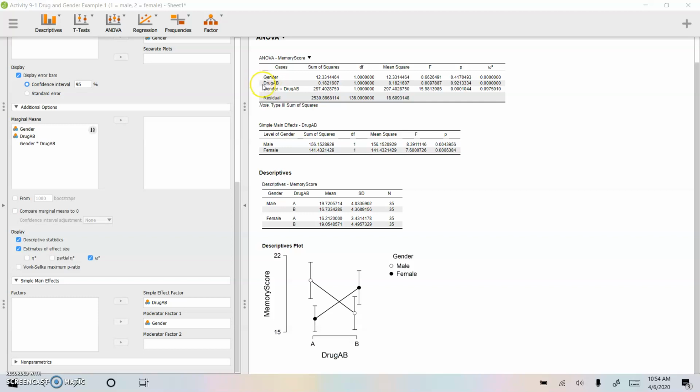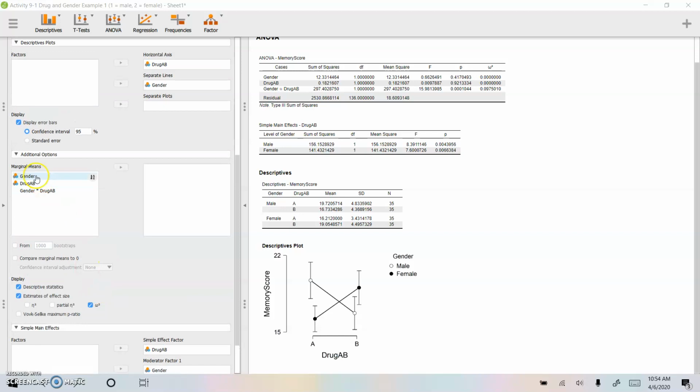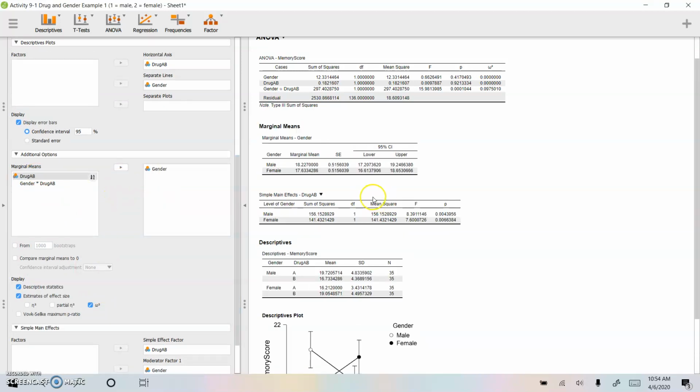So starting with gender, if you look back at the ANOVA summary table at the top, gender has an F of 0.66 with a P of 0.42. Now, if we take a look at the additional options, under marginal means, you can move gender over into the box.